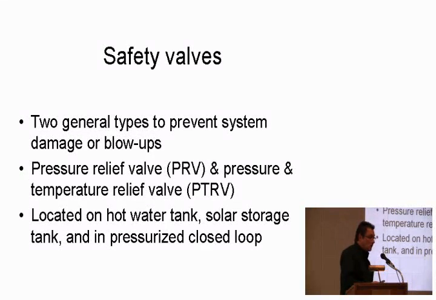If it goes off, it's going off for a reason, and it's going off for your protection so something doesn't blow up. The second type is called a pressure and temperature relief valve, so it works on both of those items, not just the actual pressure in the system. So if you exceed a certain temperature, it will activate as well.